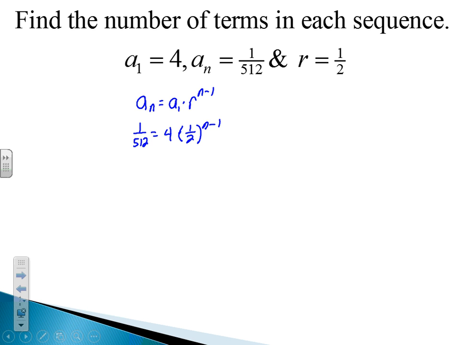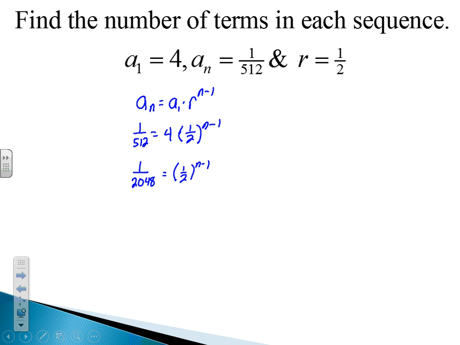If I say 1 over 512 divided by 4, I'm going to get 1 over 2048. And that is equal to 1/2 to the n minus 1 power.